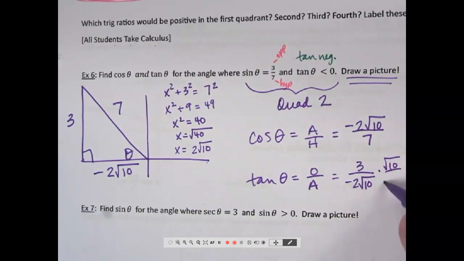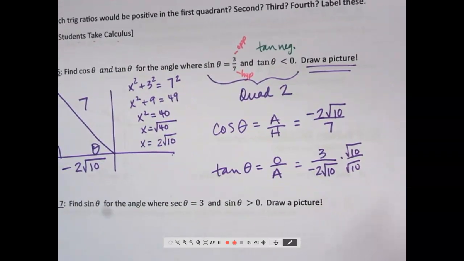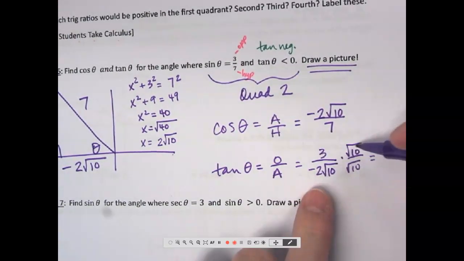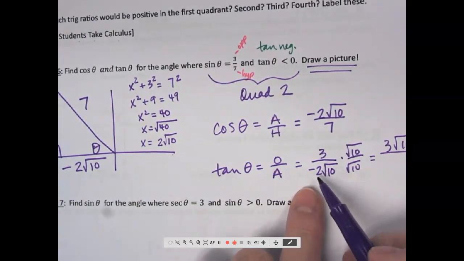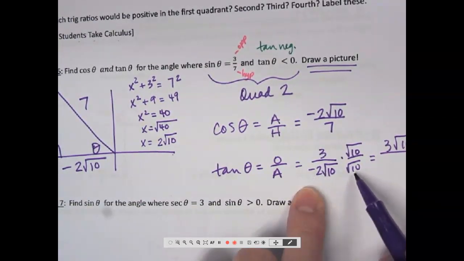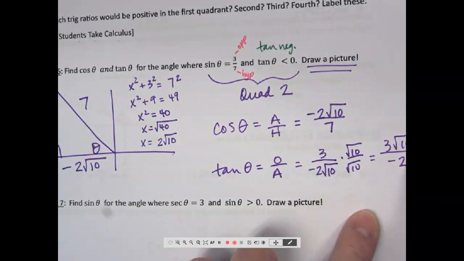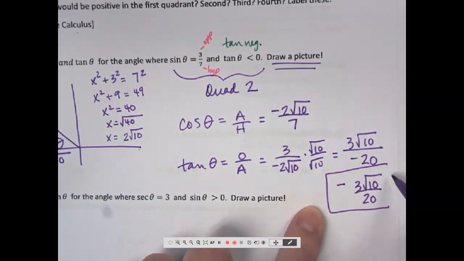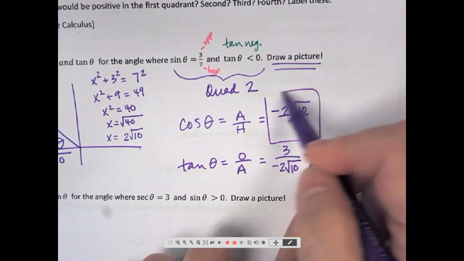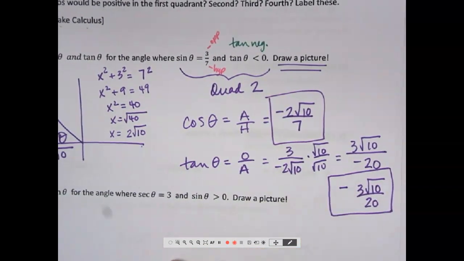So square root of 10 over square root of 10, you can check it on your calculator as well. This will give me 3 square root 10 over negative 2 times 10, negative 20. And I would personally prefer to put that negative out front so I don't miss it. Did not see it in the bottom.